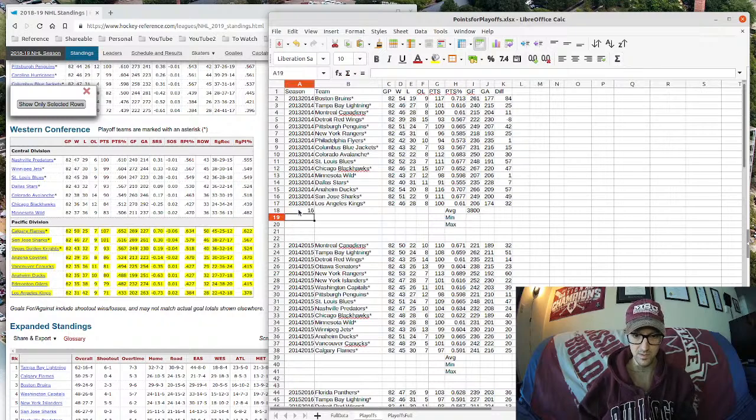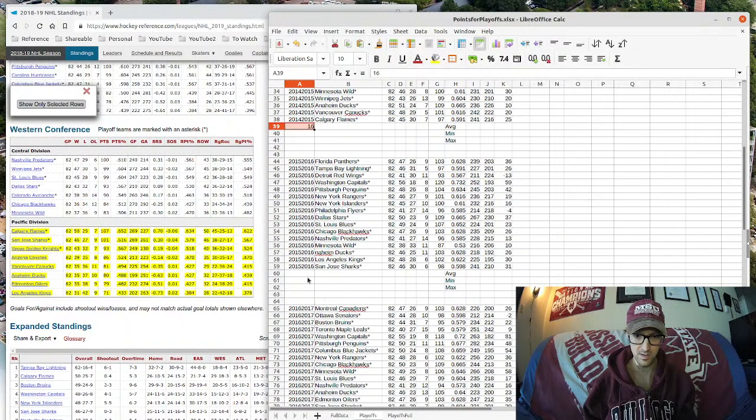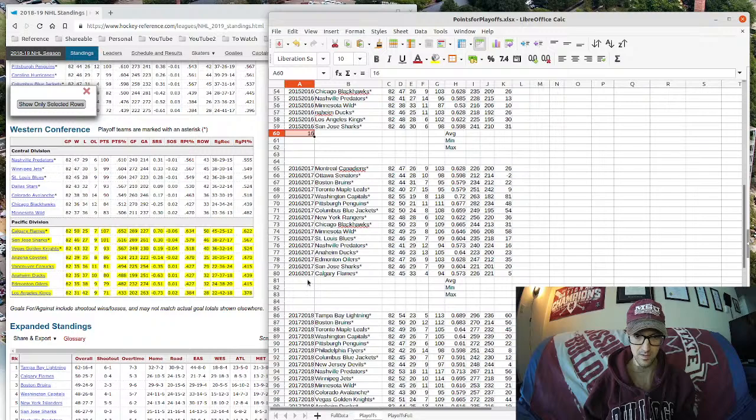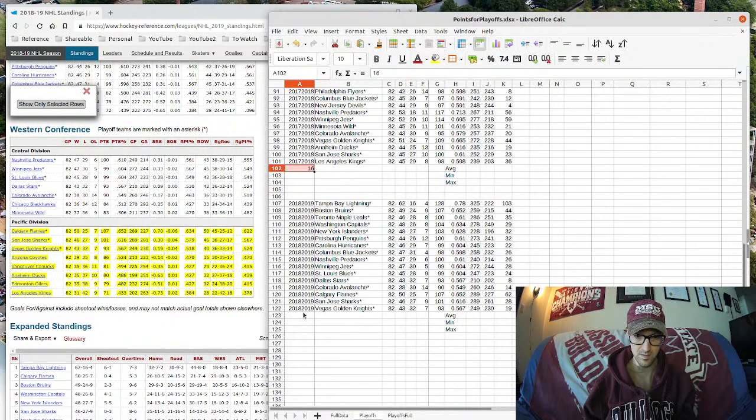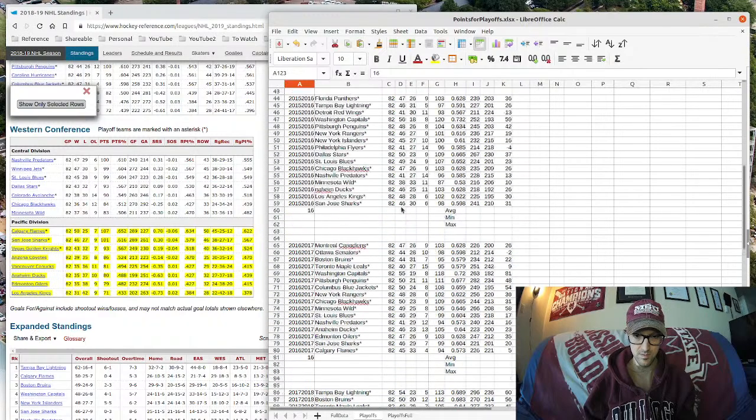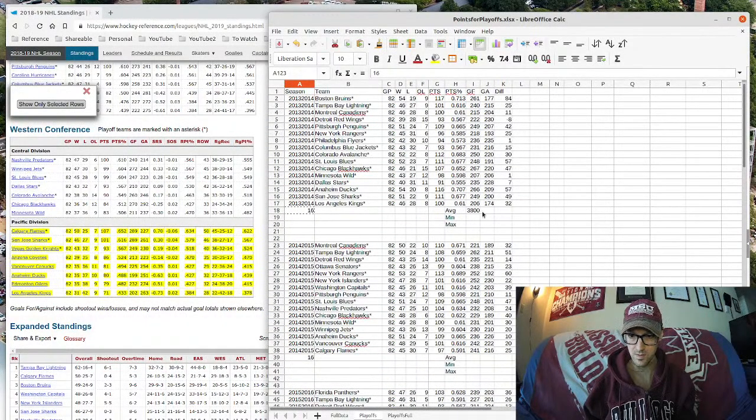It's always going to be 16. Oh, and that's my bad. That's okay. Equals that divided by that.